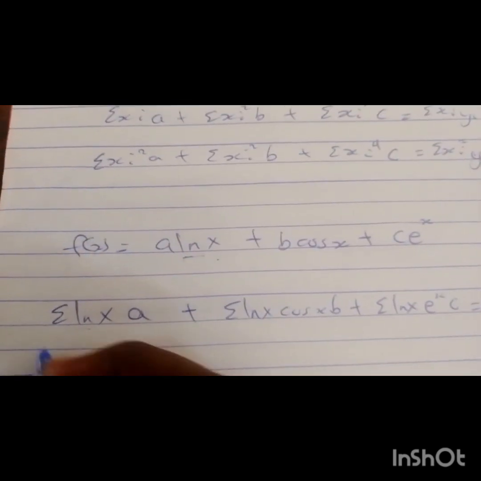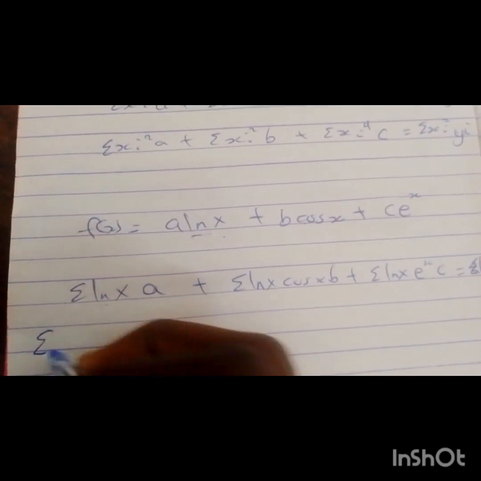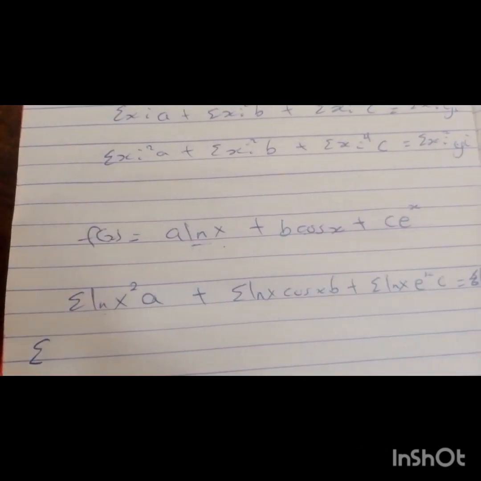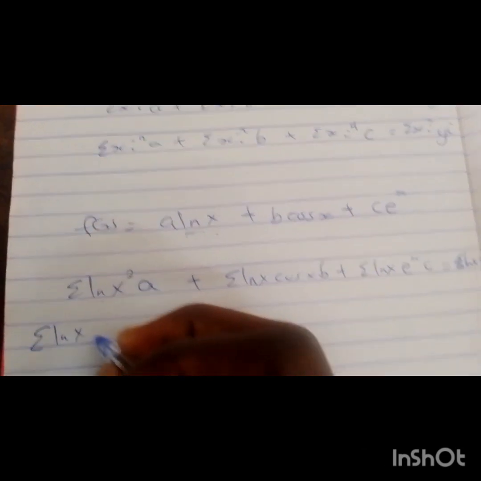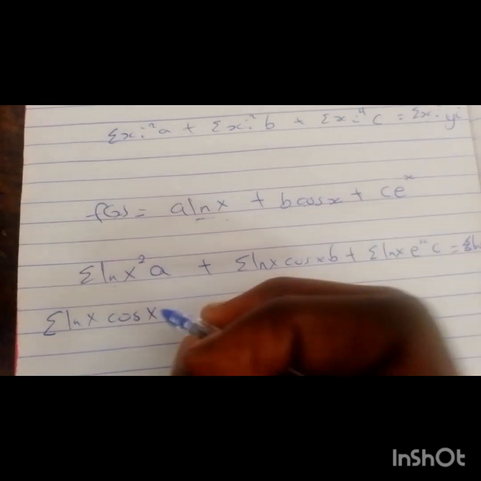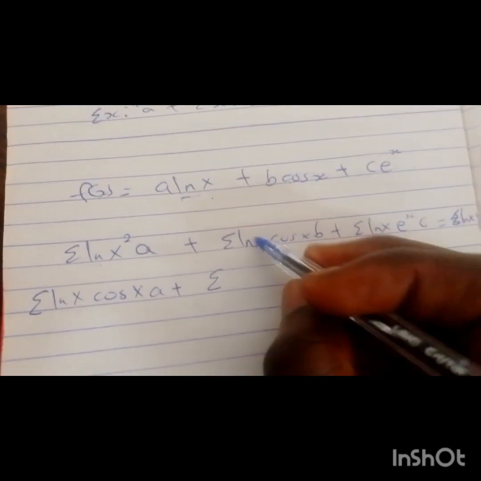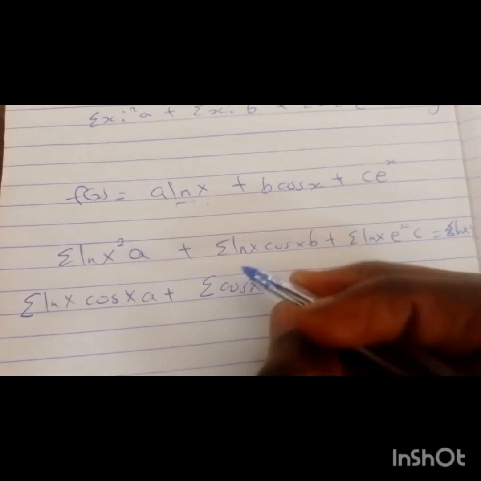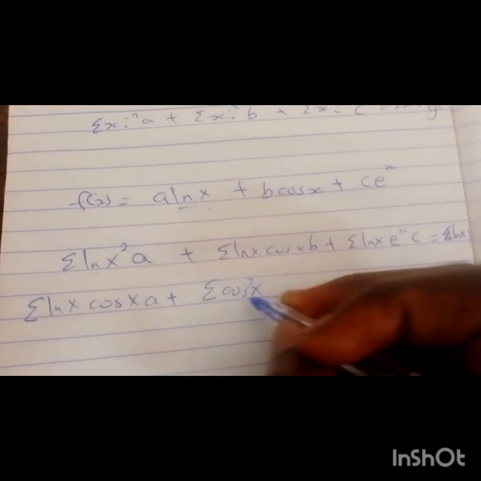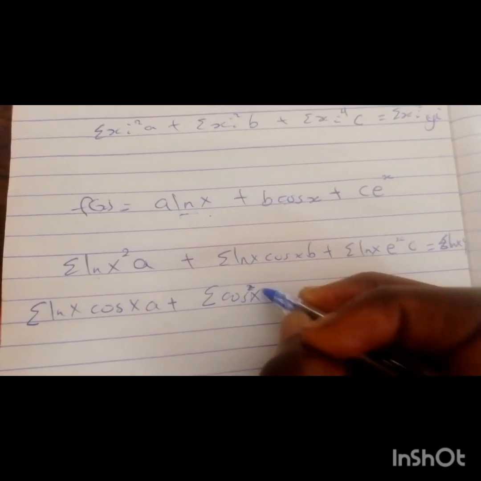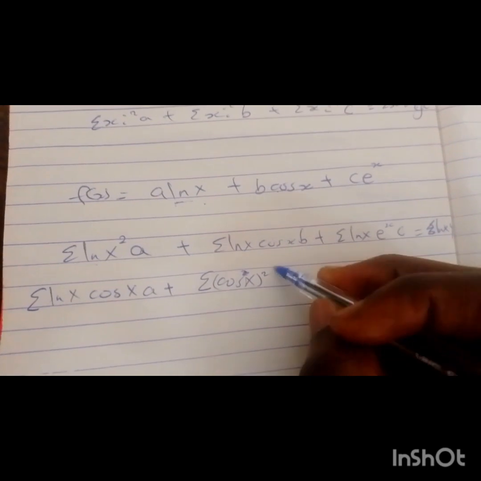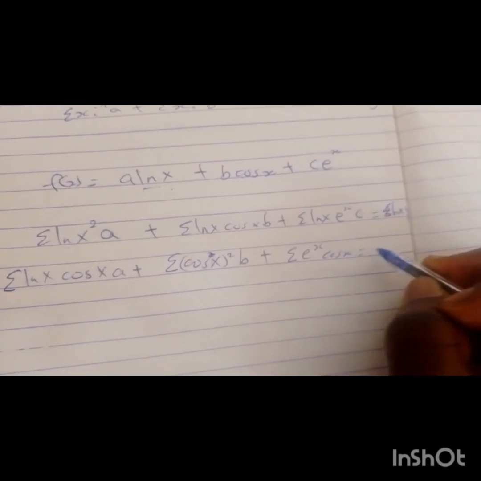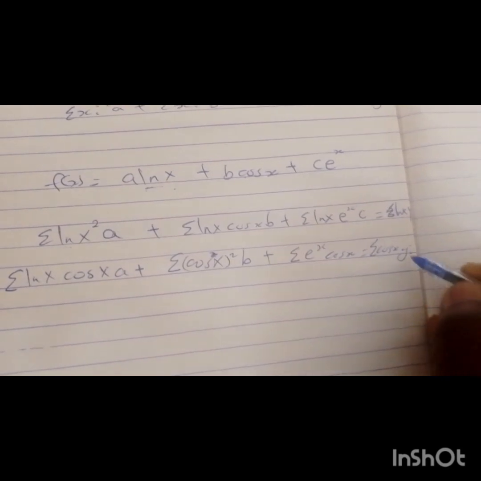Right, now let's get to the next one. We have cos, so here it becomes ln x cos x, right, a, plus summation of cos again, so cos x squared, b, plus your summation of e to the x cos x equal to summation of cos x yi, right.